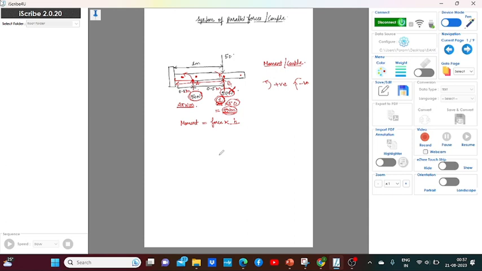So the total couple applied by A and B: 25 Newton meter plus 50 Newton meter, which gives me 75 Newton meter in positive direction, which is 75 Newton meter in anti-clockwise direction. This is the total couple applied by A and B.